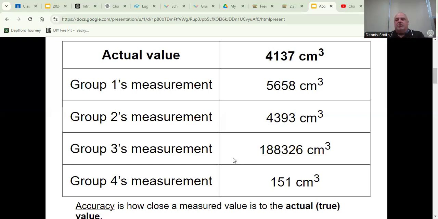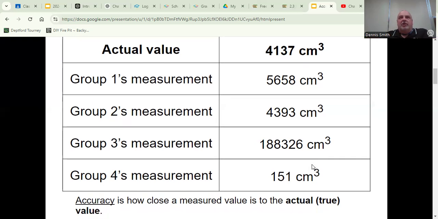So let's look at the measurements. Group one, 5658. Not bad. Group two, 4393, pretty good. Okay. Group three, 188,326, not even close. When we talk about statistics and outliers, that's an outlier right there. And then group four's measurement is 151 centimeters cubed. Again, way off. So you good, me?